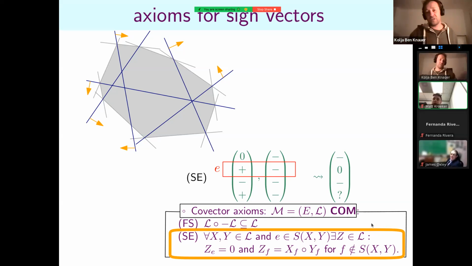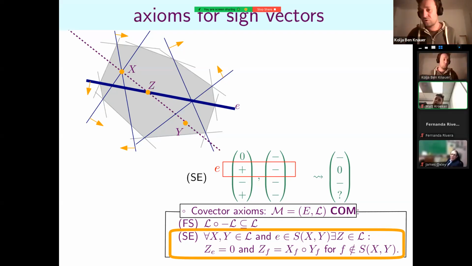And here, similarly, you can see why this should be true in the realizable setting. Just take two sign vectors and suppose there's an element where they have opposite signs. This means there's a hyperplane which separates these two points from each other. So now again, I can draw a line through X and Y, and this will cross the line corresponding to E. And then this crossing point will also correspond to a sign vector and will be 0 on E's coordinate, and you can also see that it will satisfy these other properties.